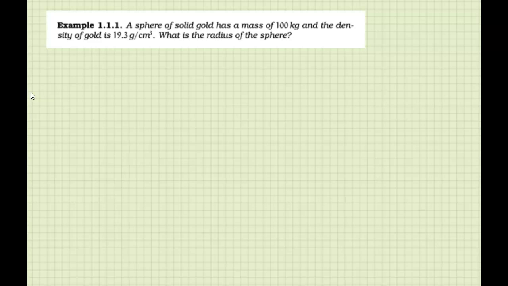So a sphere of solid gold has a mass of 100 kilograms, and the density of gold is 19.3 grams per cubic centimeter. What is the radius of the sphere? Okay, so we have mass and density. The mass is 100 kilograms, the density is 19.3 grams per centimeter cubed, and we need to figure out the radius.